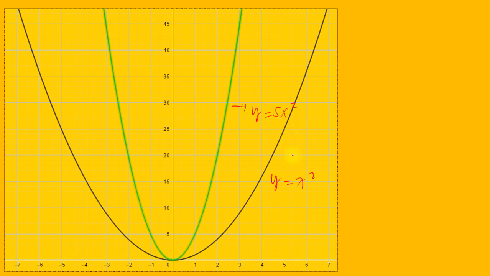So the effect of the value of a is that every y value on the graph of x squared is multiplied by 5 to obtain y equals 5x squared. So that's what we call vertically scaled.